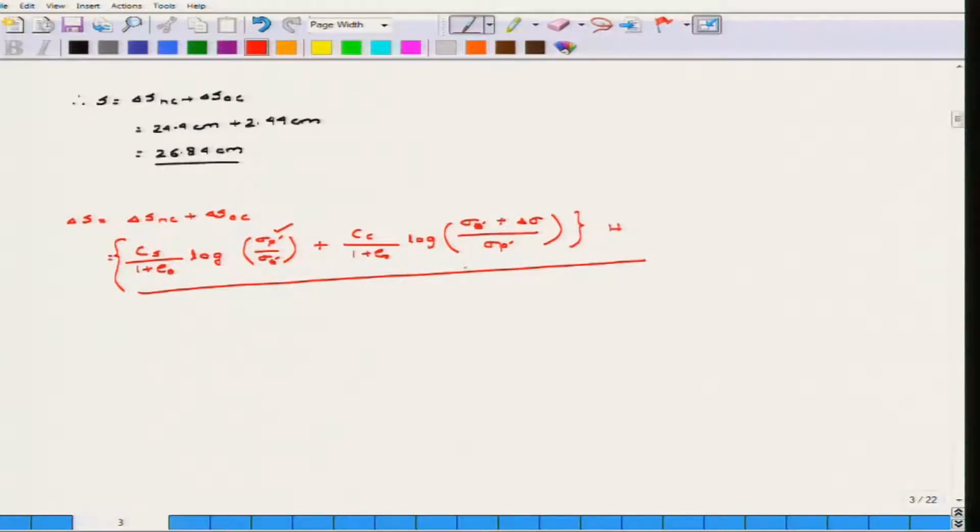Delta sigma is known to you, and sigma naught dash is also known to you, because it is the present vertical stress, and H is the height of the layer.